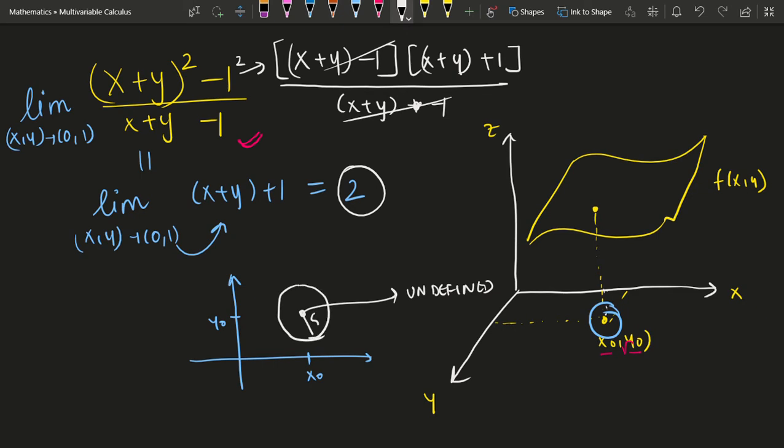So let's say you take a neighborhood of x naught, y naught with radius delta. If for all points lying within this disk you get increasingly close to the value of 2 as the limit of this function, you can say that the limit of this function f of x, y is actually equal to 2.